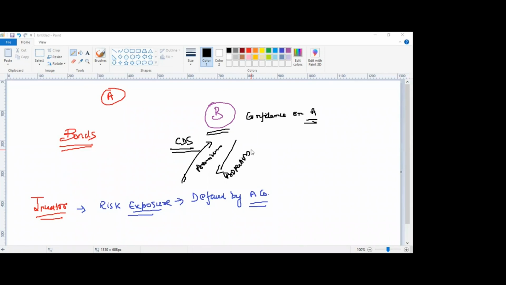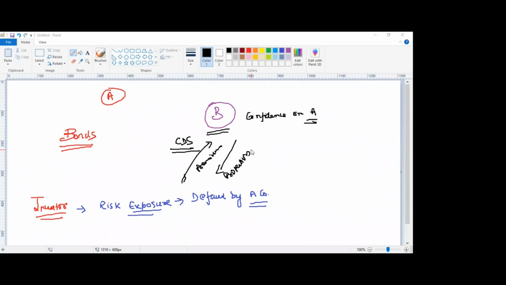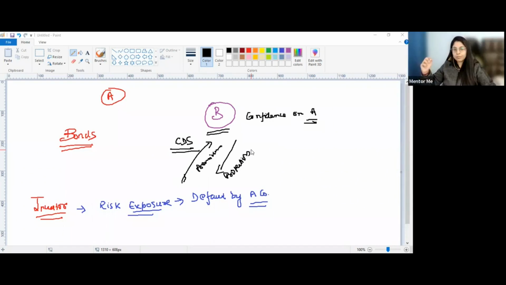ठीक है. Okay, so ma'am, if the credibility is low, the coupon rate will also be on the higher side. Yes. Okay. This is one type of derivative contract, credit derivatives. Now another interesting thing is asset-backed securities.